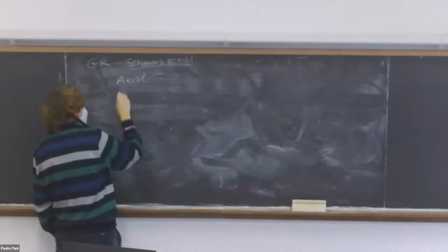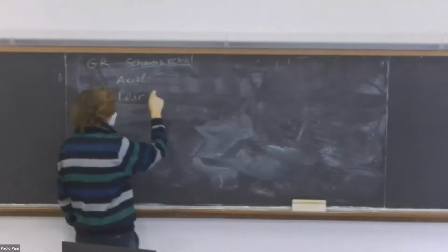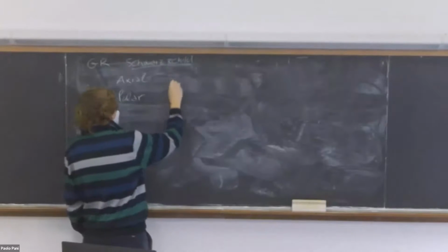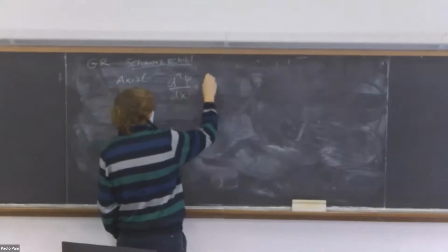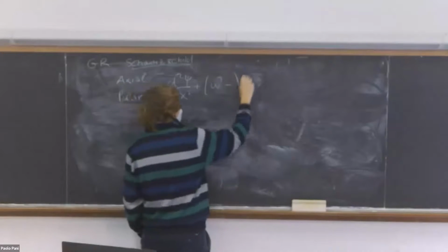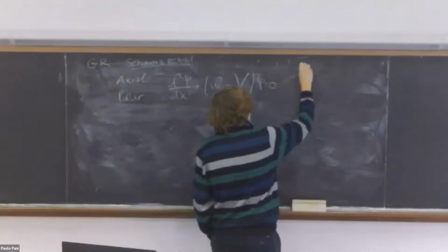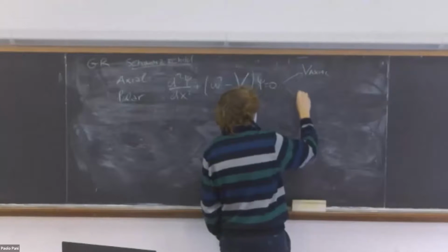The gravitational perturbations are described by the axial and polar sector. They are different because they behave differently under parity, and they are both described by this equation here, where V is different in the axial case or in the polar case.